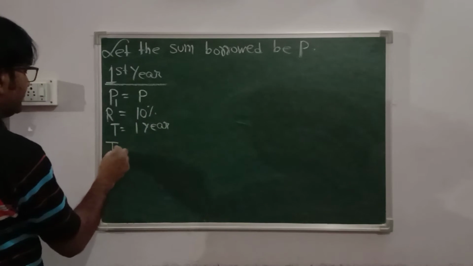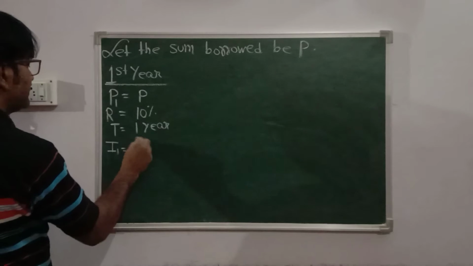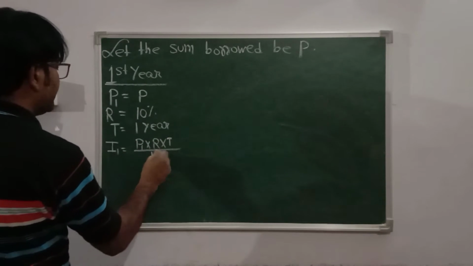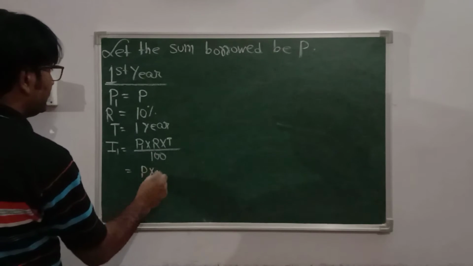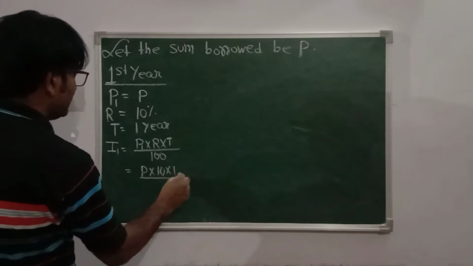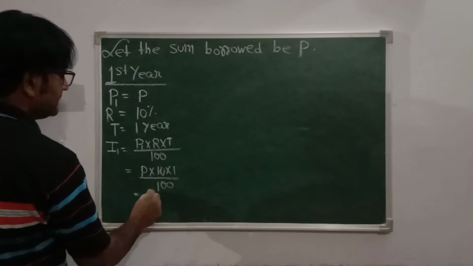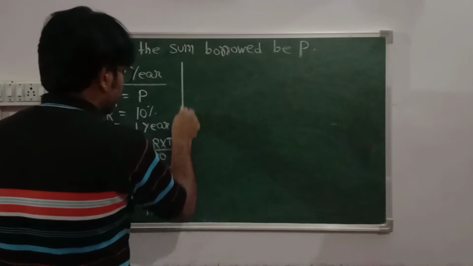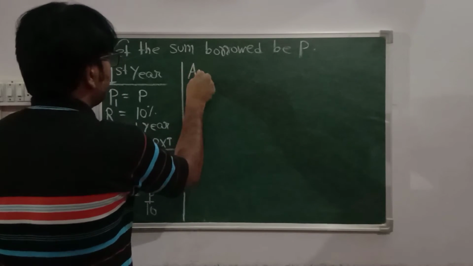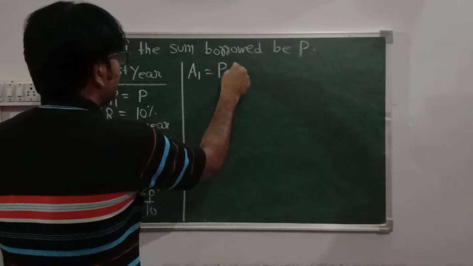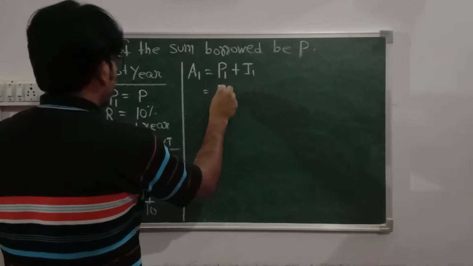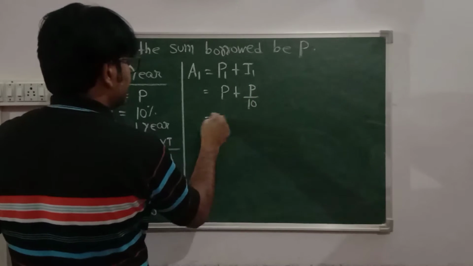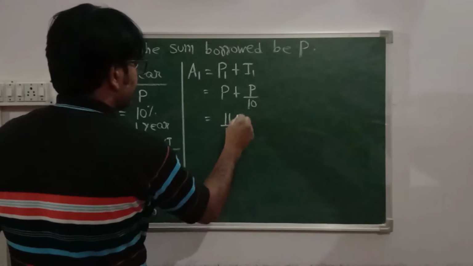So let us find the interest, that is P1 into R into T by 100, that is P into 10 into 1 by 100. So this is P by 10. Then what is the amount A1? That is P1 plus I1, P plus P by 10, that is 11 by 10 P.